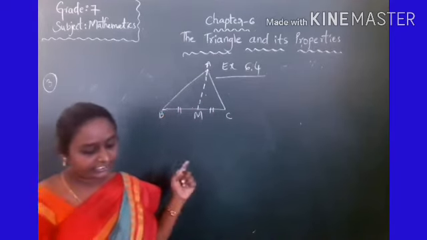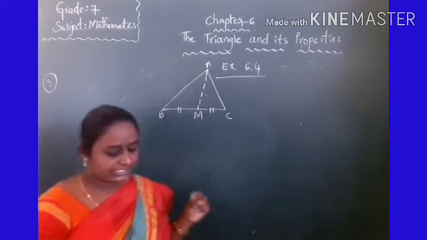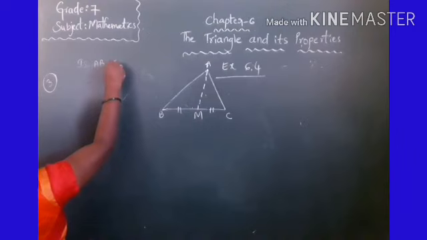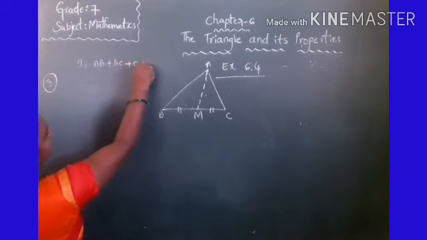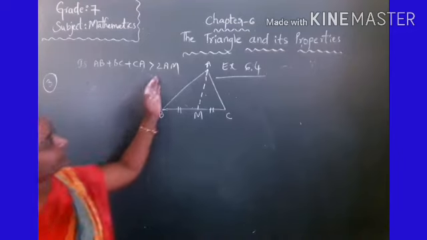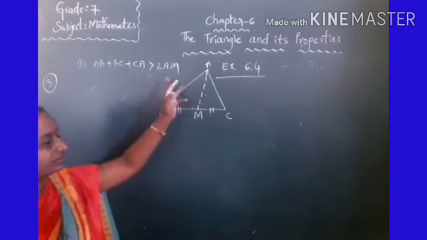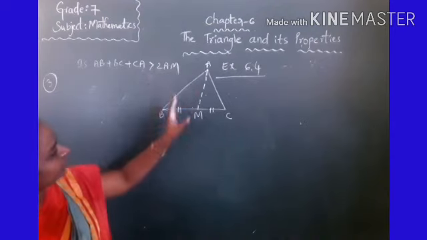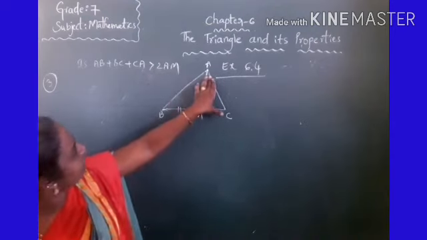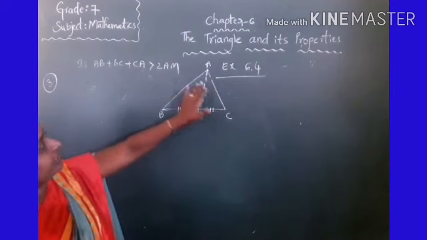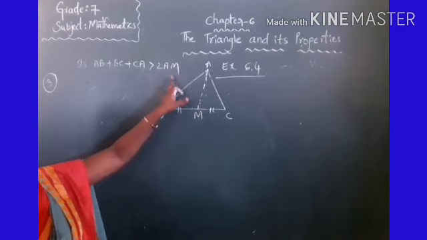Now write, here you have to prove AB plus BC plus CA is greater than 2AM. So that means AB plus BC plus CA, these all lengths are greater than 2AM.